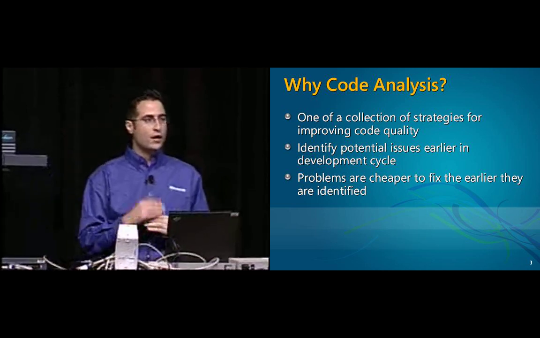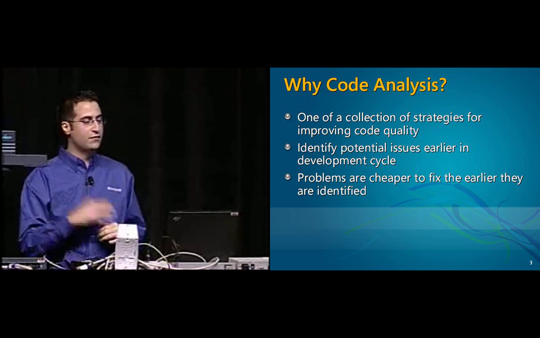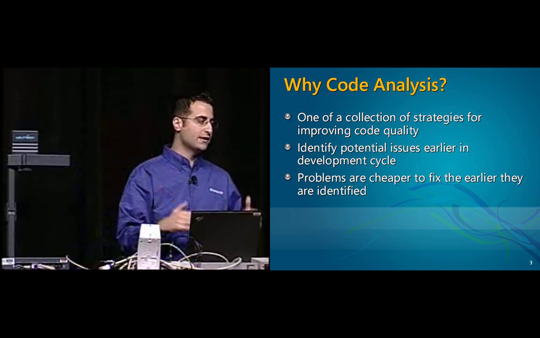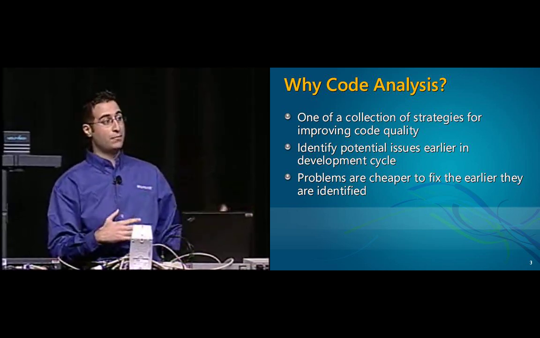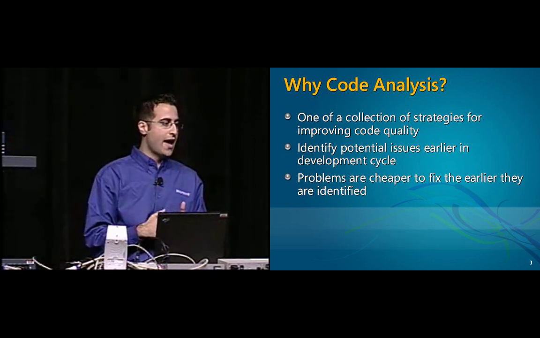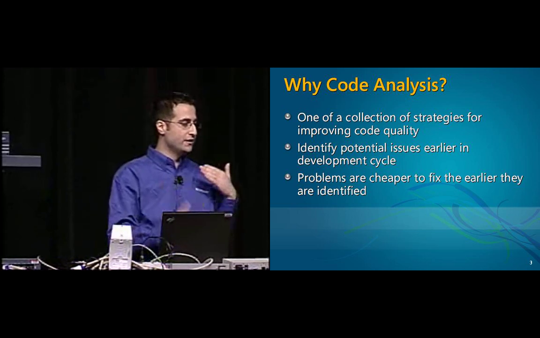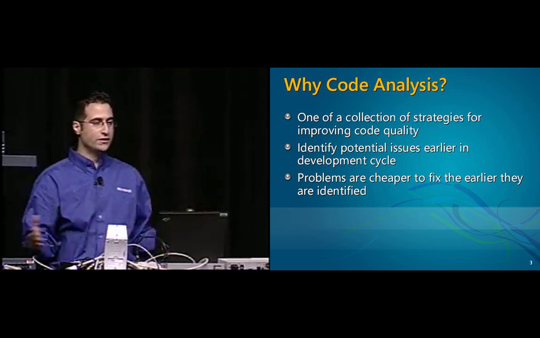And what I think is the defining characteristic and probably the most beneficial characteristic of code analysis is the basic fact that for the set of issues that it can identify, it identifies them about as soon as possible in the development cycle. And effectively, the sooner you find an issue, the cheaper it will be to fix that issue and address that issue in the long run.